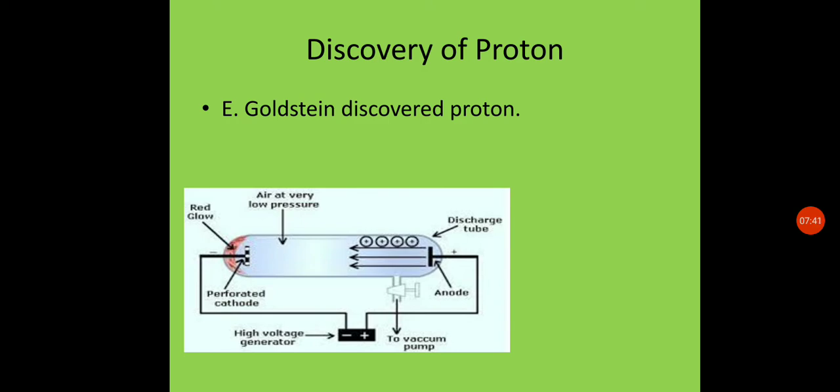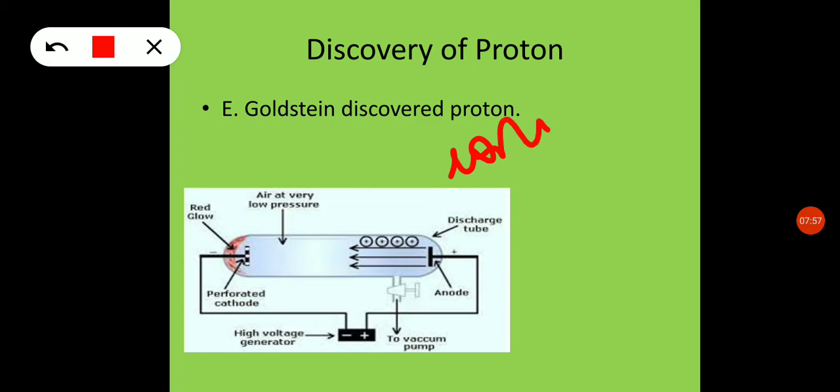When cathode rays were produced, they traveled through the gas in the discharge tube, and the gas was ionized. Ionization means the formation of positive and negative charged particles. Suppose this is a gas. The cathode rays, while moving through the tube, took the electrons of the gas, leaving behind the positively charged particles.